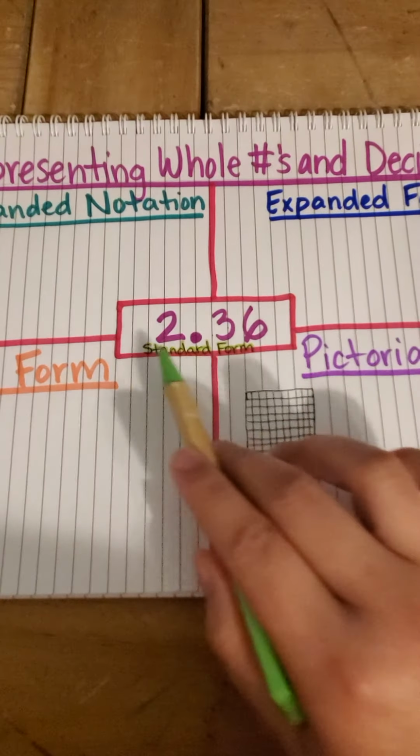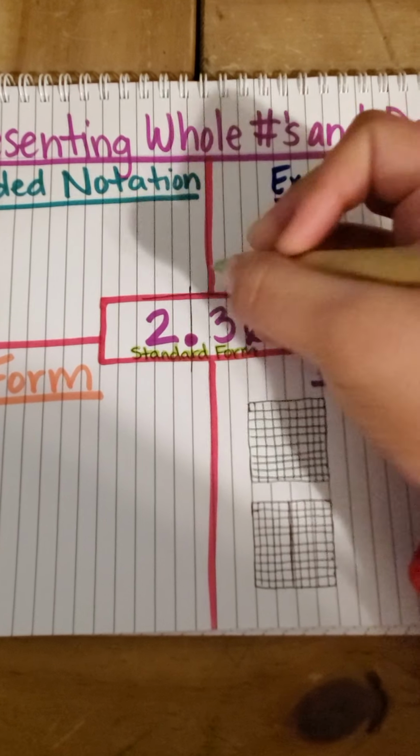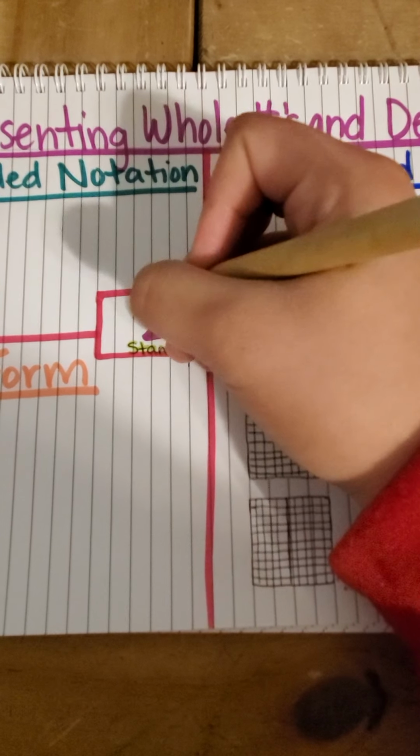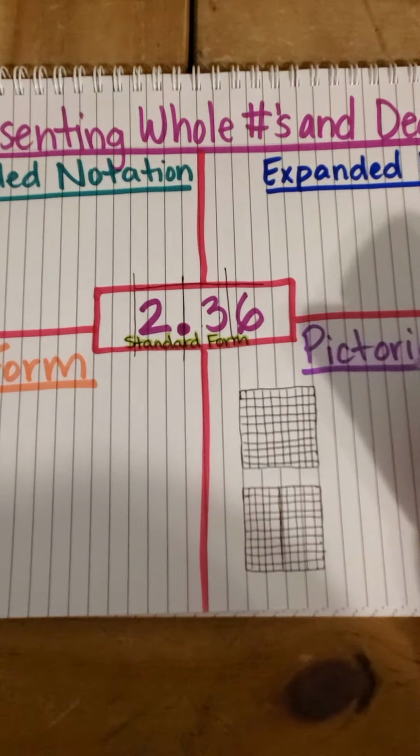Okay, first thing I want to do is make sure to label my place value so I can remember what place value everything is in. Remember, only one digit goes in each place. If my decimal is here and my whole numbers are on this side, I know I start with the ones place.